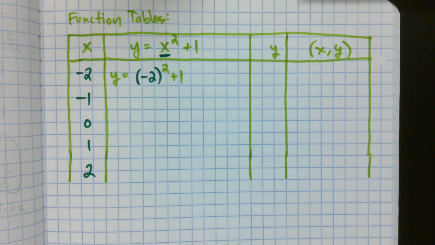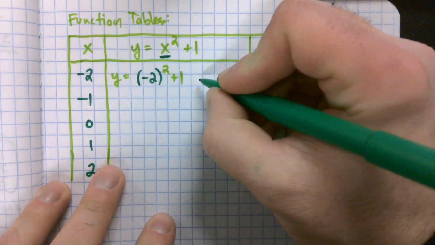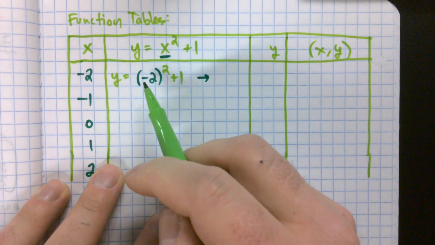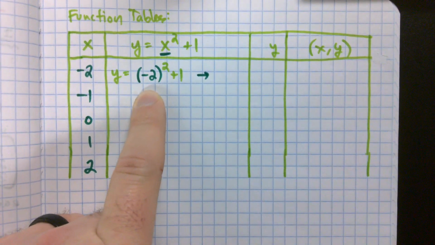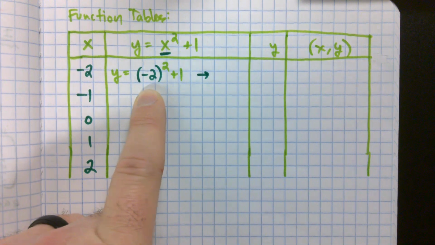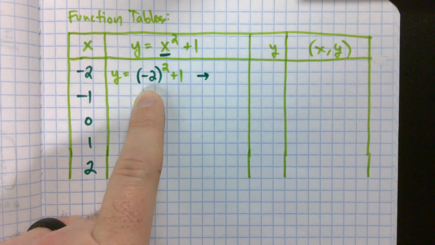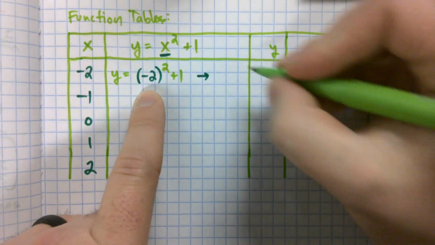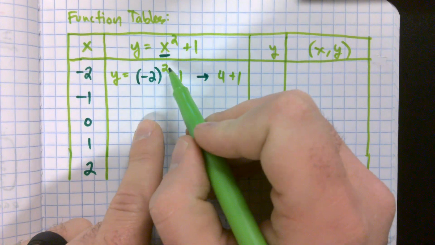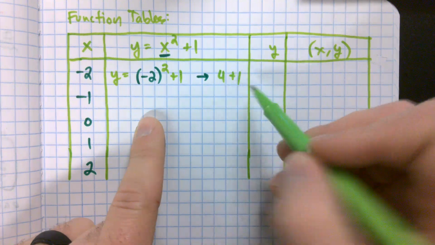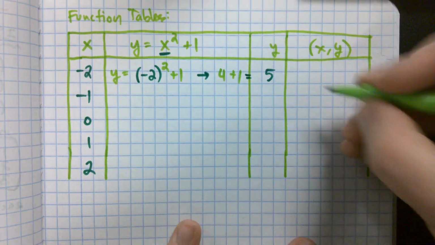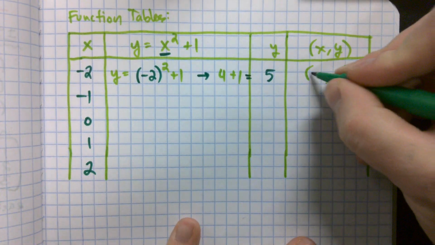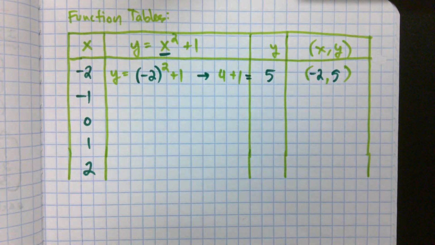So for the first one, we get y is equal to negative 2 squared plus 1. What is negative 2 times negative 2? Negative 4 is very, very close. Positive 4, right? Anytime we square a negative, we get a positive. And 4 plus 1 equals 5. So my solution here, negative 2, comma 5.